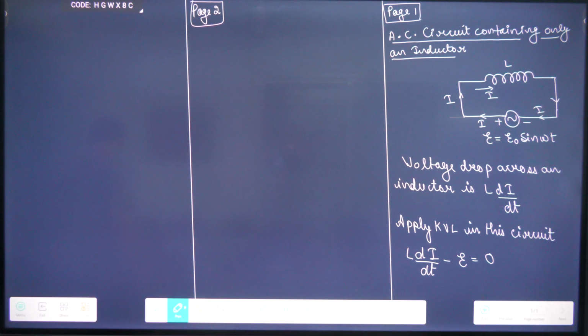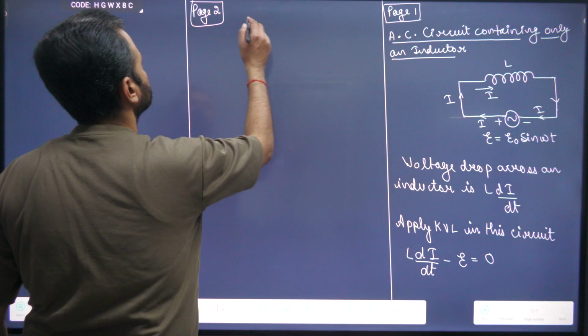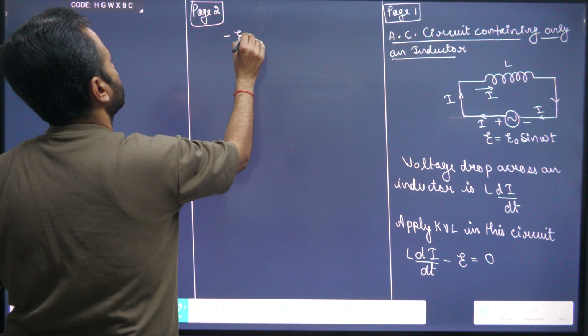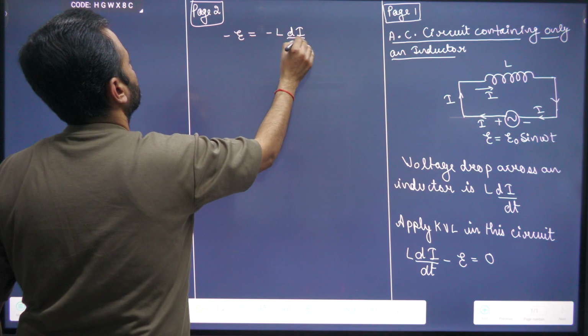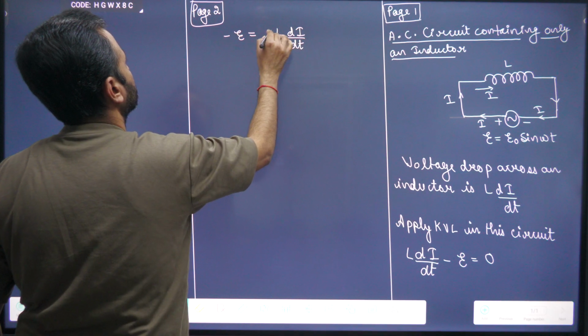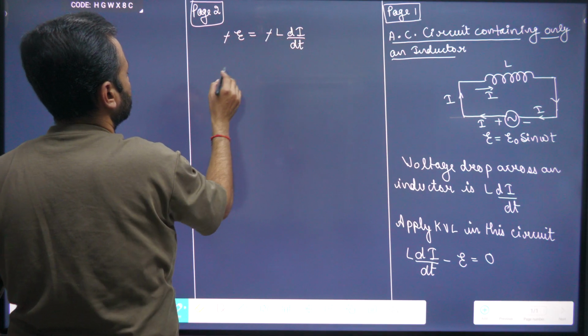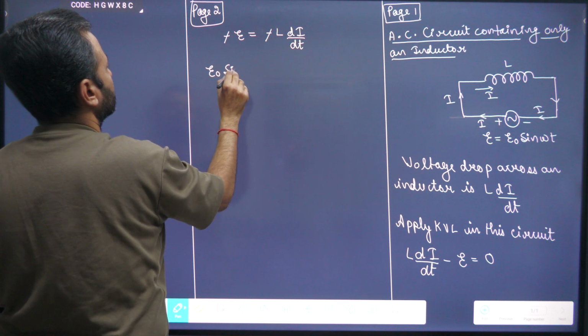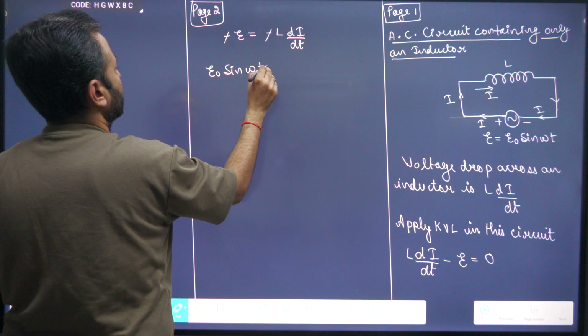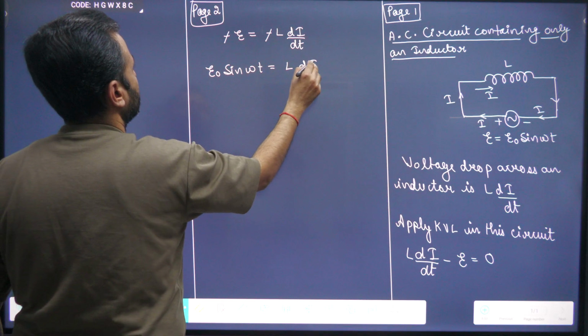Then from here, minus E is equal to minus L di by dt. We will cancel the negative from both sides. What is E? E is E naught sine omega t, which is equal to L di by dt.